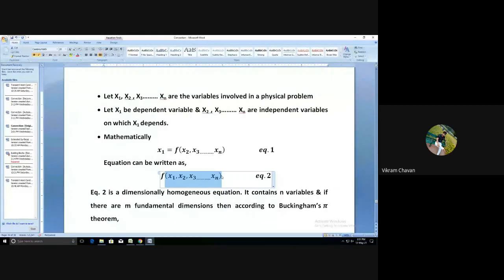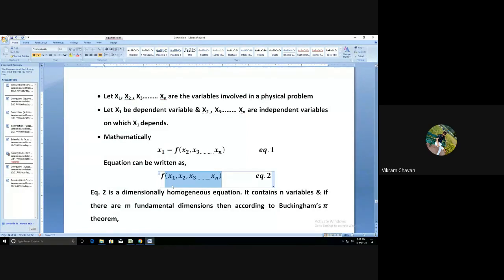Now this equation will be a dimensionally homogeneous equation, because we have considered all the variables. Dimensionally homogeneous equation means the right hand side dimensions are equal to the left hand side dimensions.